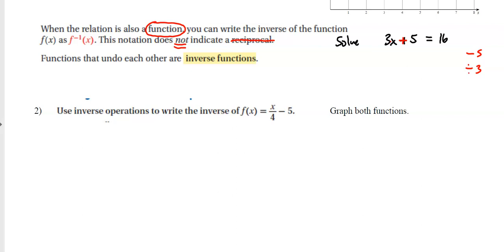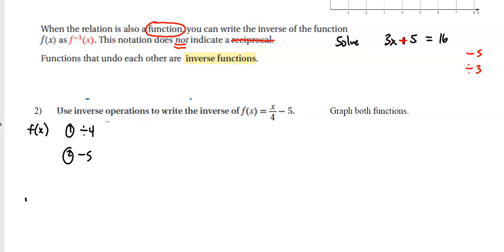Well, think about this. If this is f of x, and I were to give you an input to put in, and I was to say, hey, stick 4 in there. Your very first step, you would divide by 4. And then your second step is you would subtract 5, right?